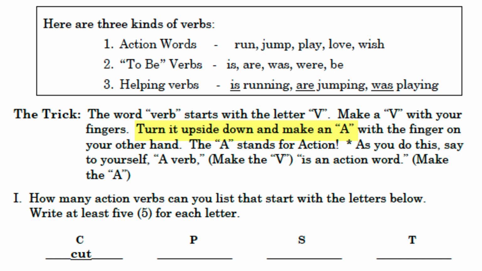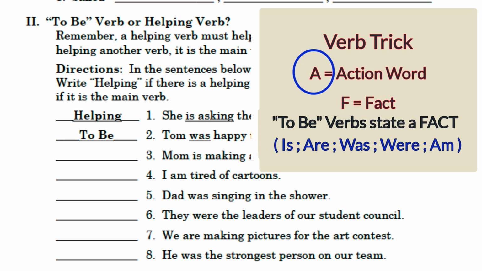Then you turn your hand upside down and cross the V with your finger and you make an A. Then you turn your two fingers to the right or left, and then you add a stem with that finger and you make an F. What you're doing is you make a V for verb, turn it upside down and make an A, then make an F. Verb is an action word, or it states a fact.